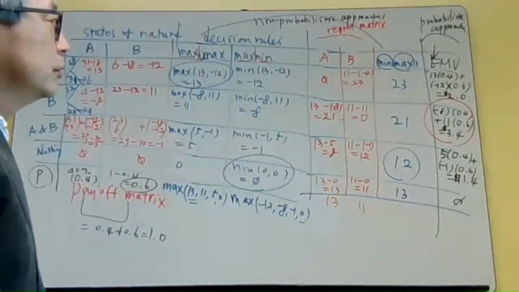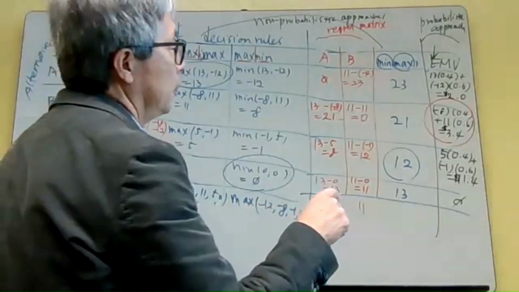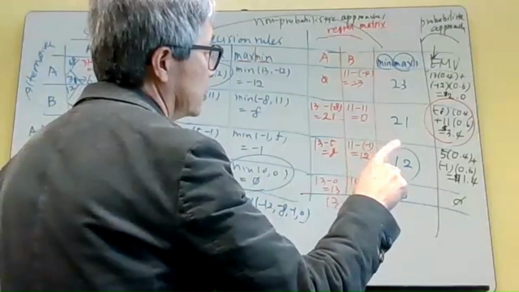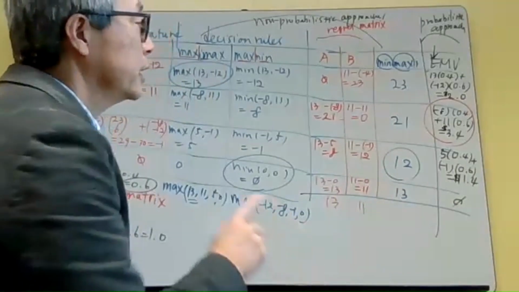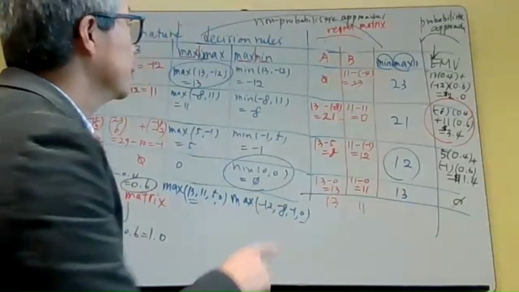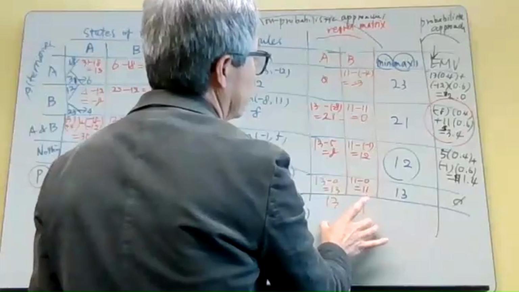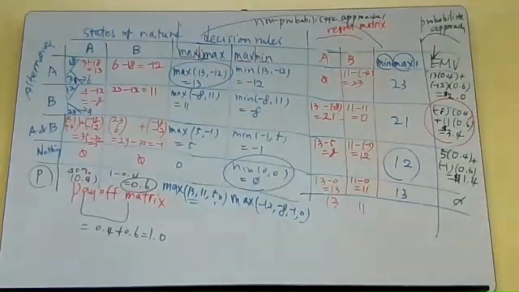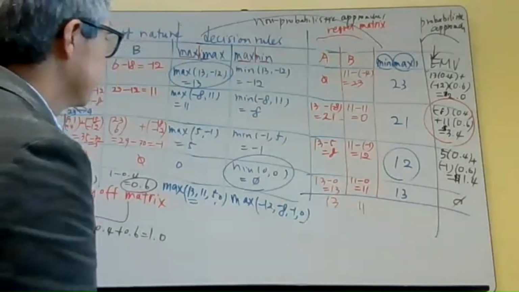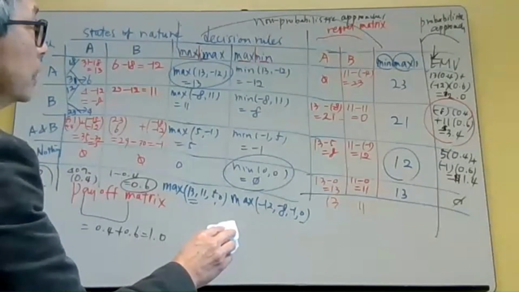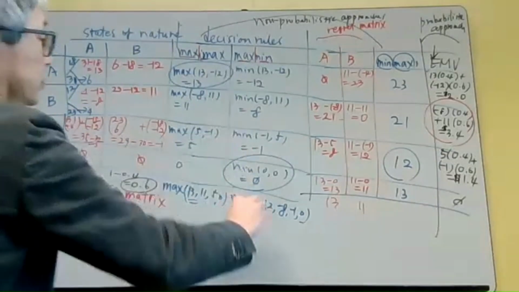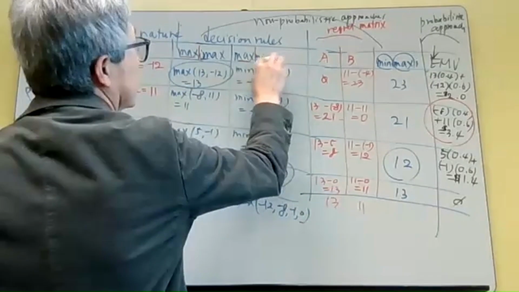Like we did by calculating expected monetary value, now we're going to calculate the expected opportunity loss using the regret matrix. Don't have enough space, so I'm going to delete here.